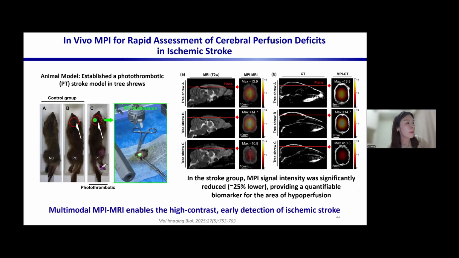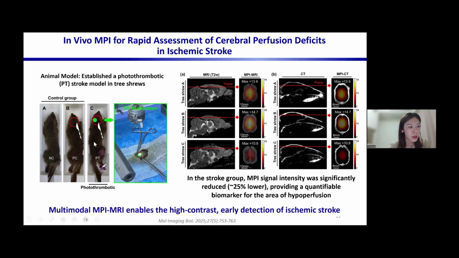Finally, we have also conducted significant research in brain imaging, while several other teams are exploring this field. Our work focuses on brain perfusion imaging to evaluate the occurrence and progression of ischemic stroke. And in this study, we chose a unique animal model, the tree shrew.